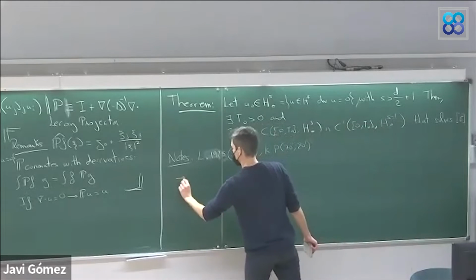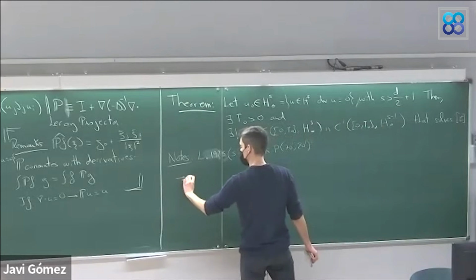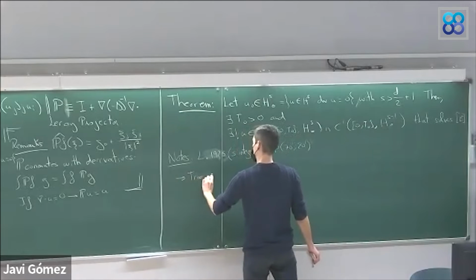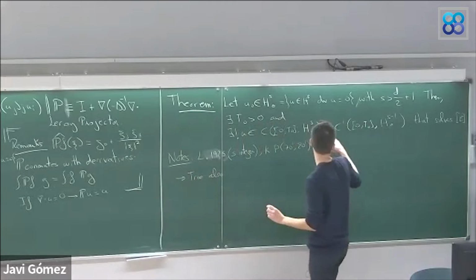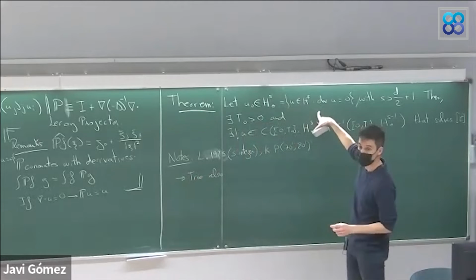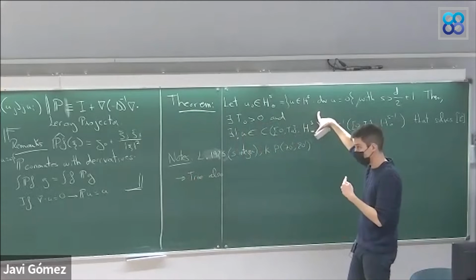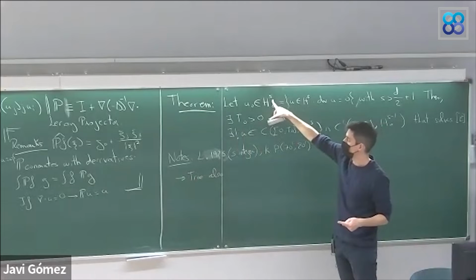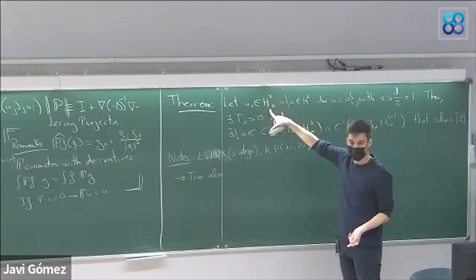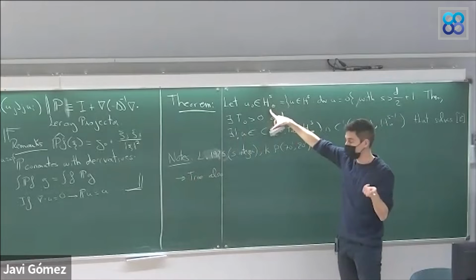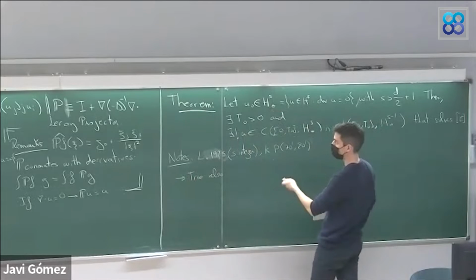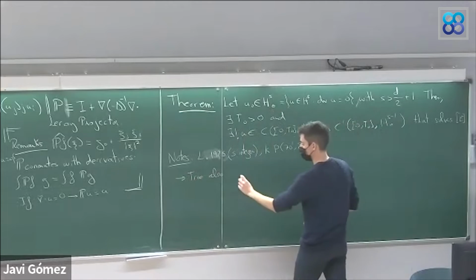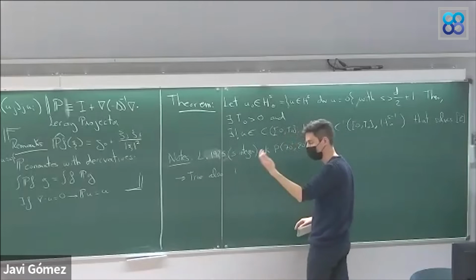Also, the result is true in many other spaces, not just in this Sobolev space. These are s derivatives in L2. If we change the integrability, we can obtain the same theorem in a much bigger family of spaces that I will define in a future lecture.